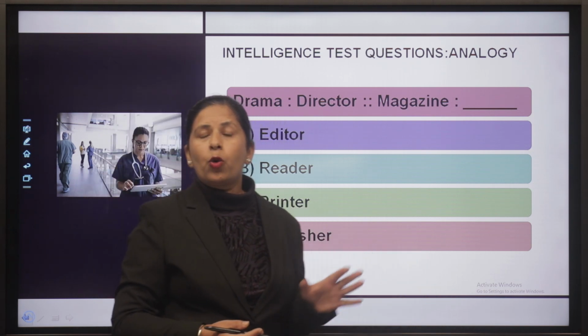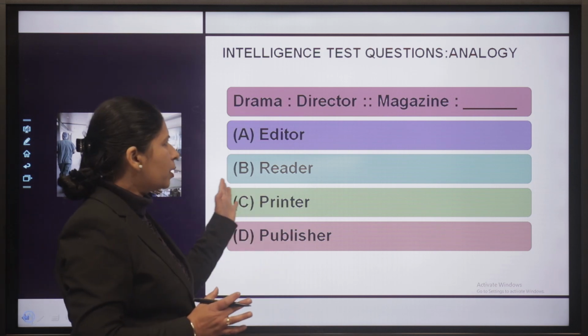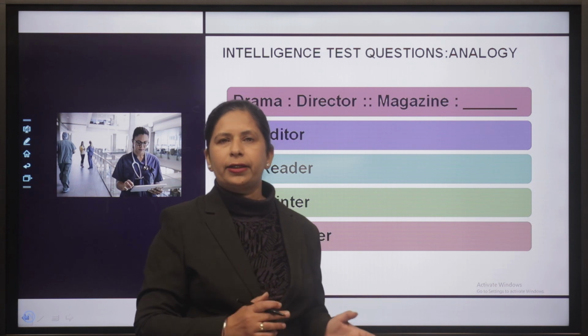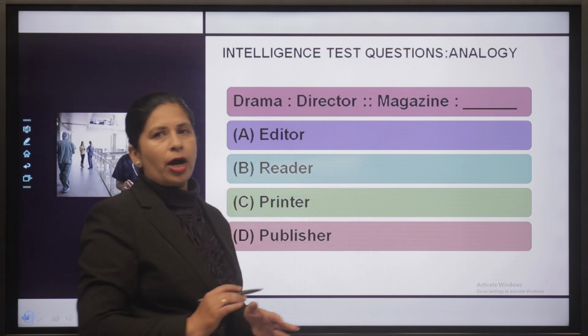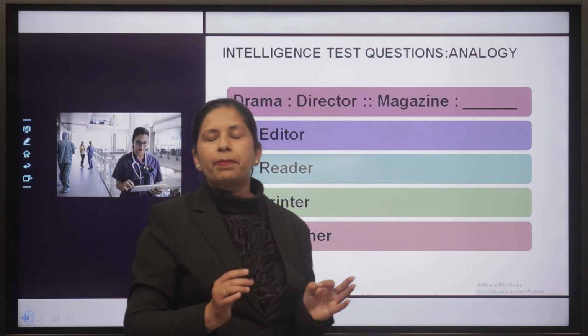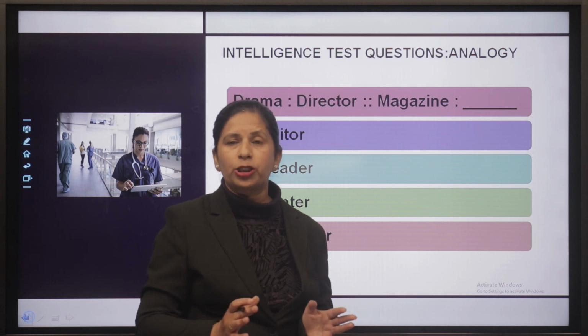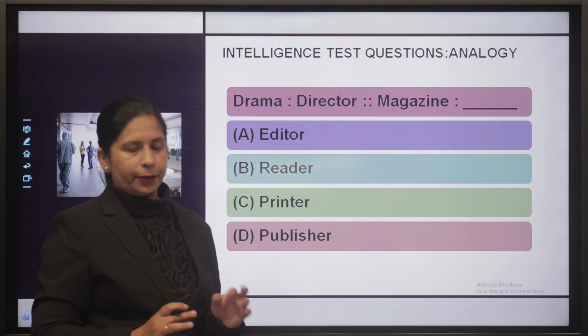Okay, but who is behind the draft of the magazine? कौन responsible होता है? The person is an editor. Okay, तो magazine का किससे analogy होगा? Editor. From all the options given here, just like a director is responsible for a drama, for a magazine the person responsible for what is going to be published in that magazine, क्या क्या किस पेज पे आएगा, कितना content आएगा, the person will be an editor.